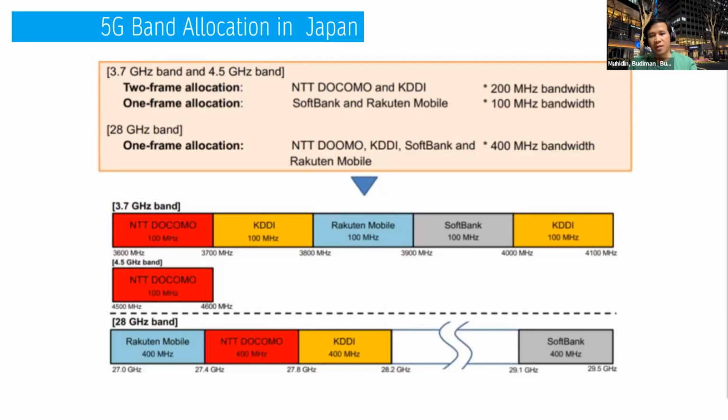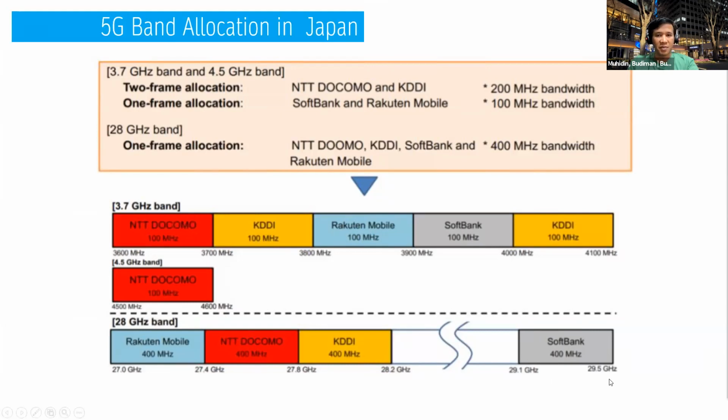Currently Rakuten Mobile has 2 frequency licenses for 5G. It is TDD, and the first frequency is sub-6 frequency with band number N77. It ranges between 3.8 and 3.9 gigahertz, so it has only 100 megahertz bandwidth. The second frequency is called FR2.